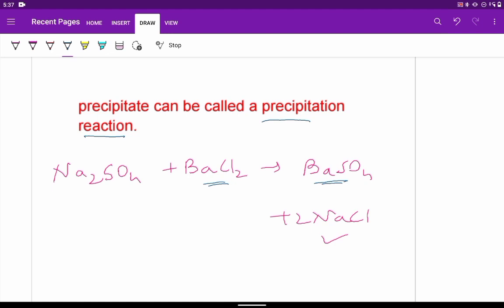Here which is the solid? BaSO4 is the solid. This one we can put (s). NaCl will be in aqueous form. So any reaction that produces a precipitate can be called a precipitation reaction. So this is a precipitation reaction.